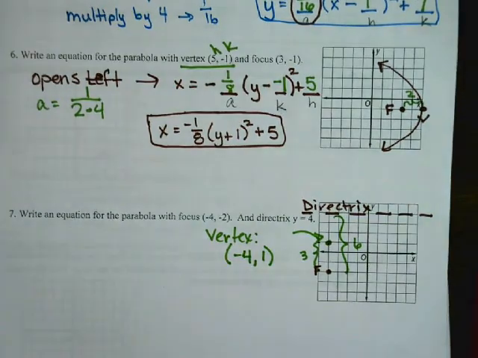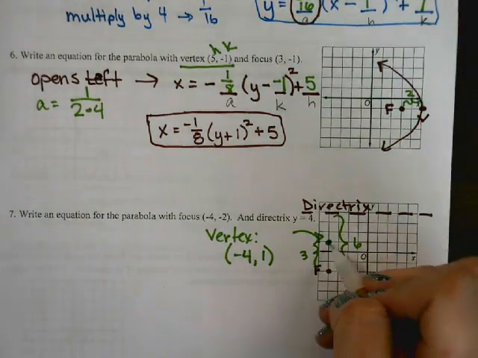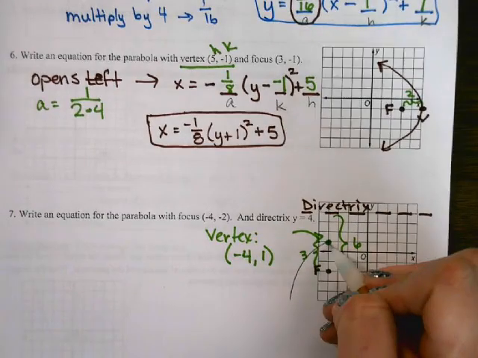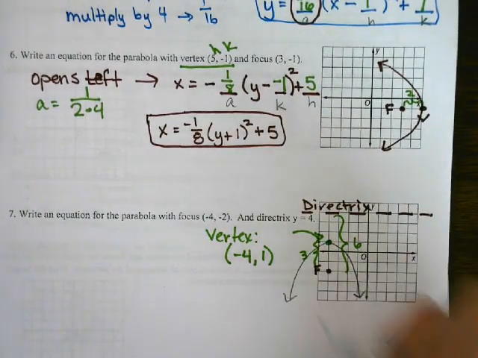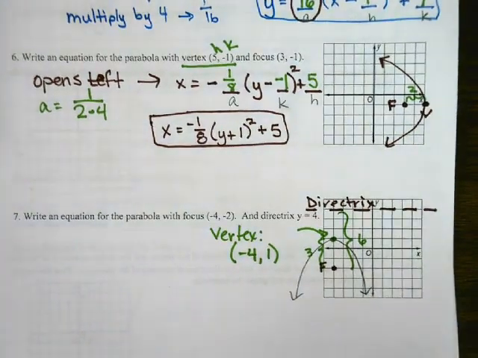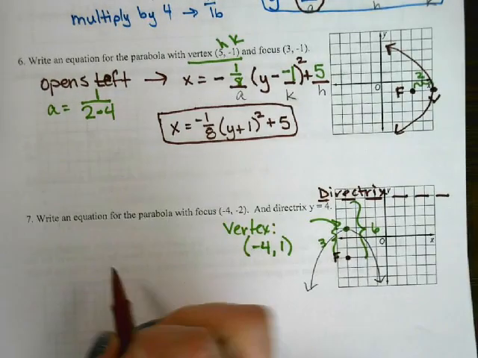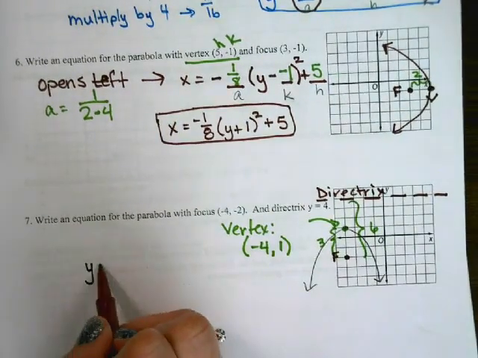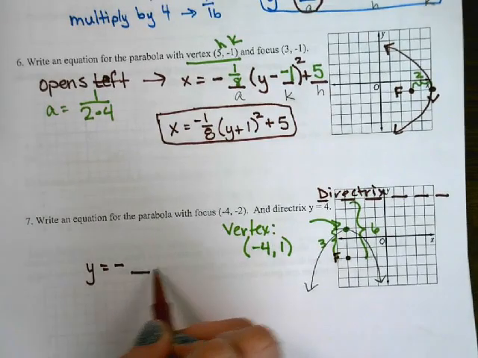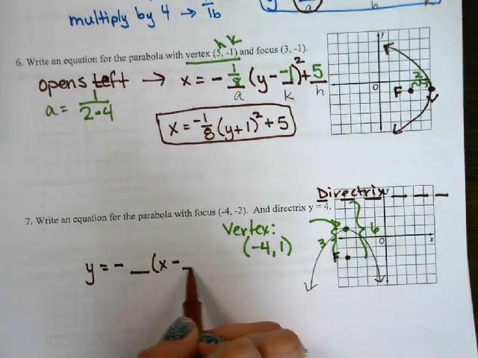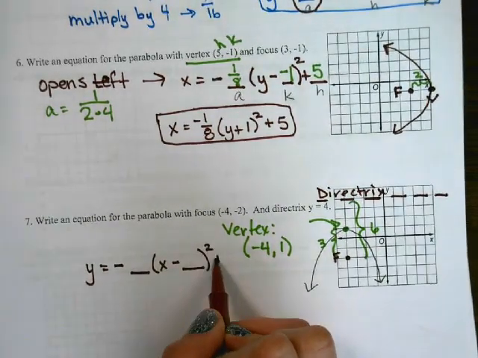What else do we know? We now know the H and the K, and that this guy opens down, right? Okay, so he's a y equals, I have a -a, x minus h squared plus k.